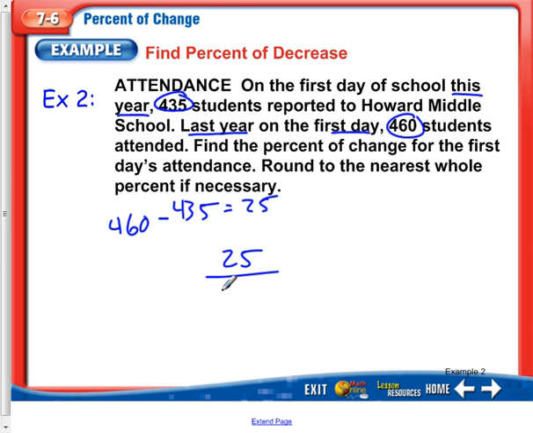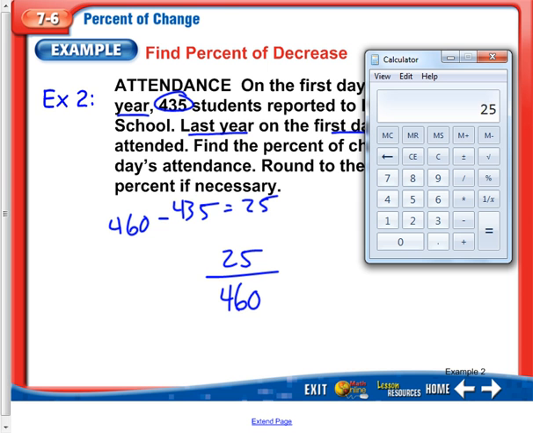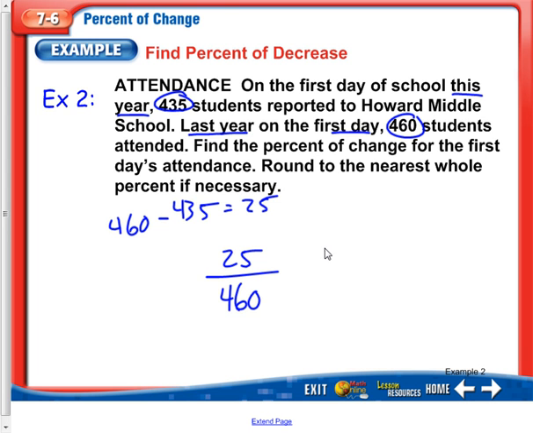So I'm going to go ahead and say that 460 is the original, okay? Because it was last year. So now let's take our 25 and divide it by 460, and it's going to give us a big decimal. So we're going to get 0.054, and that's enough for me. So 0.054 is what we can write.